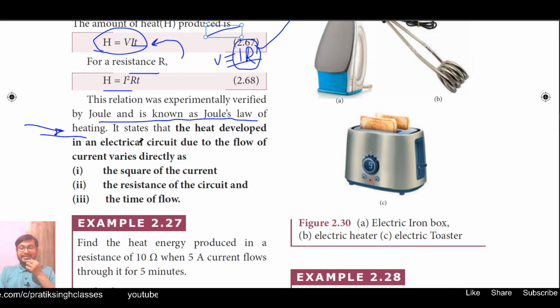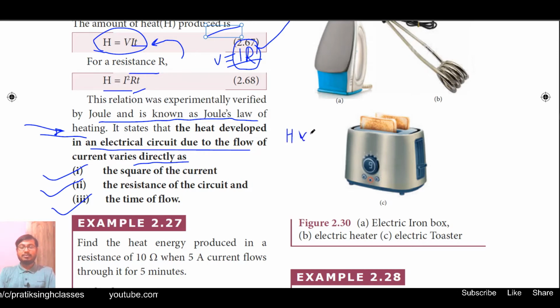name. It states that the heat developed in an electrical circuit due to the flow of current varies directly as the square of the current, the resistance of the circuit, and the time of flow. Okay, so as you can see in equation 2.68, we can write heat generated is directly proportional to the square of the current.